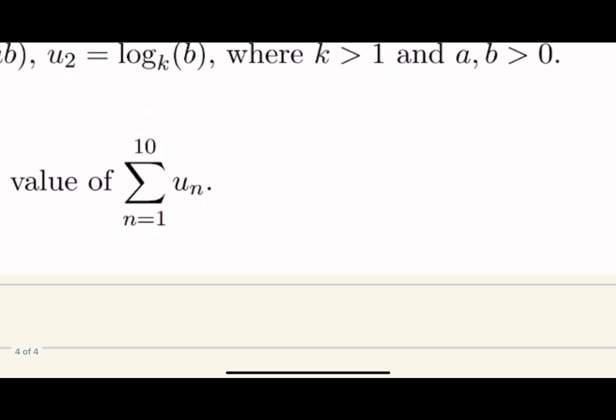Okay, what does this mean? So sigma, let me give you an example here. n equals 1, up to 10, let's say that we're going to do 2 times n. What does that equal to? What this means here is that the value of your n starts from 1 and ends at 10.